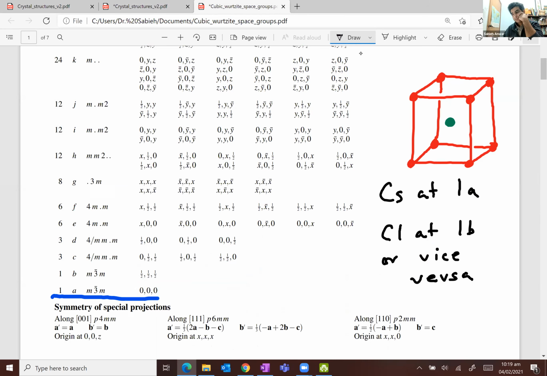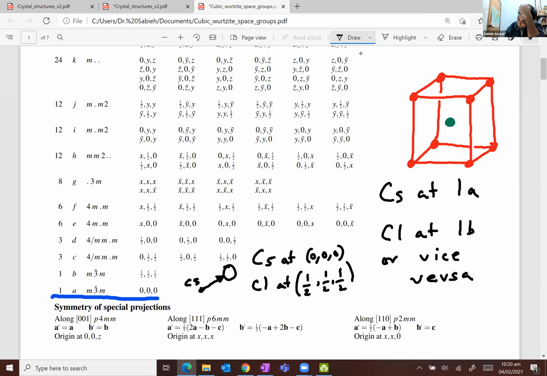Because now your basis is defined by, if you use that approach, cesium at location 0, 0, 0 and chlorine at location half, half, half. So you draw a vector originating from the cesium and a chlorine atom, which is defined by a position vector given by these coordinates.